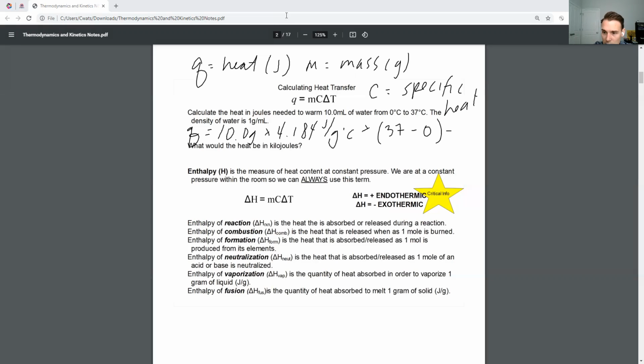And that gives me, with sig figs, 1550 joules. It should be 2 sig figs, but we'll keep it with 3 from the temperature.